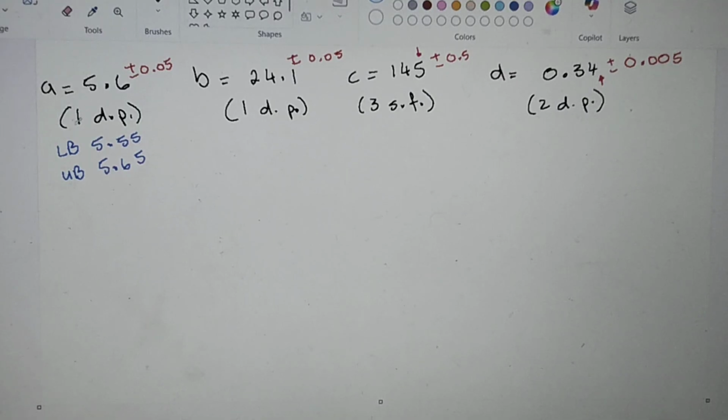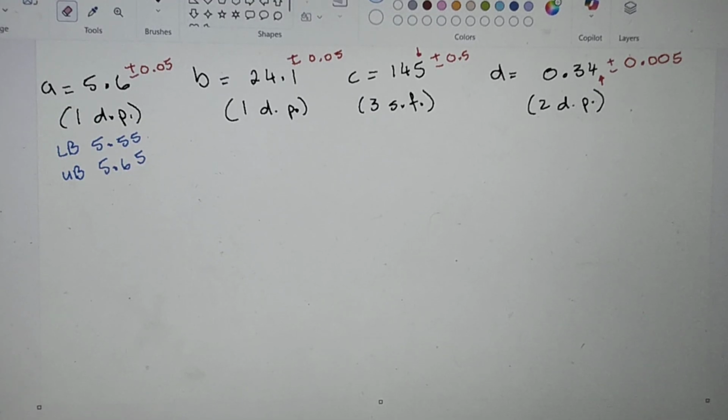I rounded off to 1 decimal place, and if I added 0.1 to my lower bound, I'd get 5.65. So whatever you're rounding off to, that'll also be the difference between your upper and your lower bound.